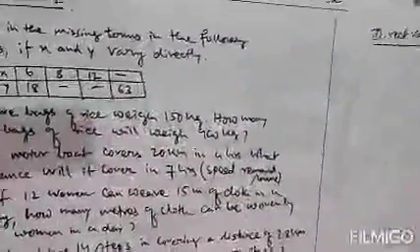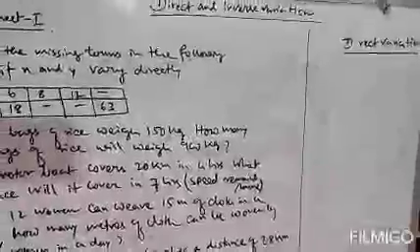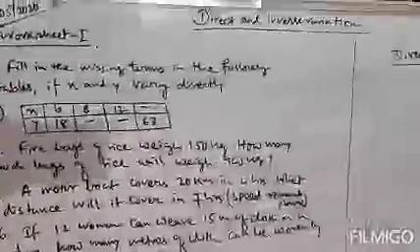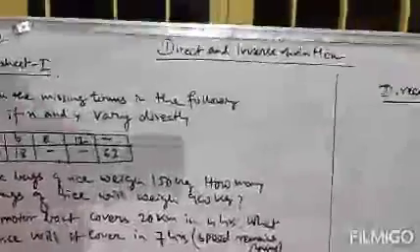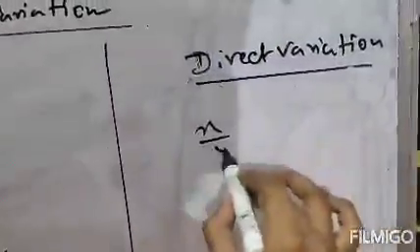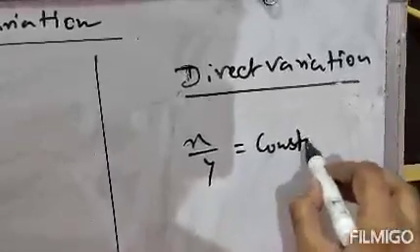So if two quantities x and y are related in such a way that if one quantity increases, the other quantity will also increase, and if one quantity decreases, the corresponding quantity also decreases, then we can say that the two quantities are in direct variation. That means x by y will always be constant. Clear? Let me make this clear by giving an example so that this concept will be clear.